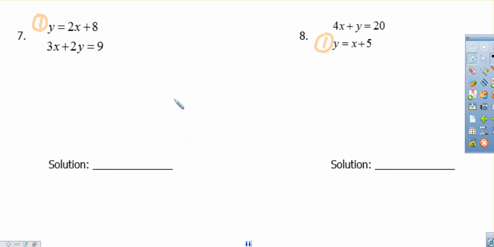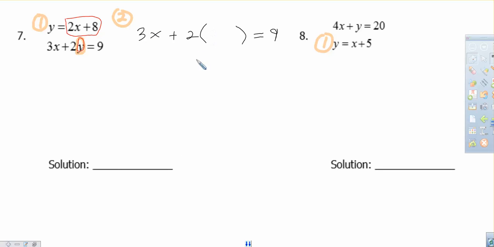All right, now next step, we're going to take y and replace it in this other equation with this stuff right here, with 2x plus 8. So our equation is going to be 3x plus 2 times something equals 9. Well, y, so that's 2x plus 8.